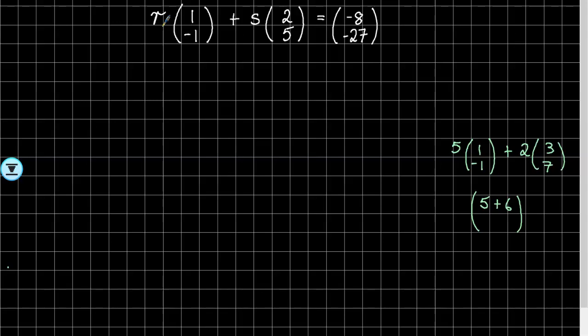But we're looking out and people were stuck and not knowing what to do. And what we could do is go, well, let's just simplify our left-hand side. And does everybody agree that my X component would be R times 1? That would have to be R. Yes? Plus S times 2, so 2S. Does that seem reasonable?